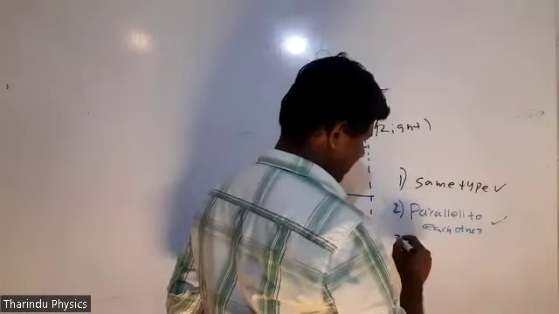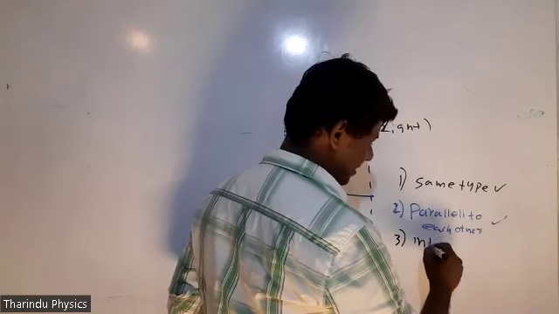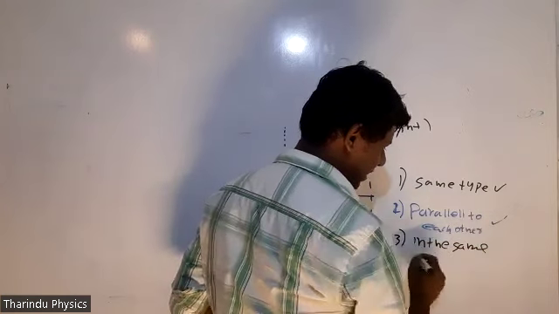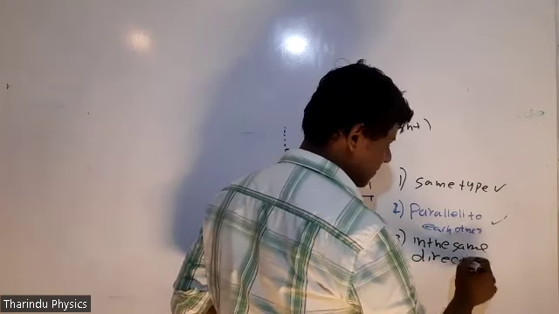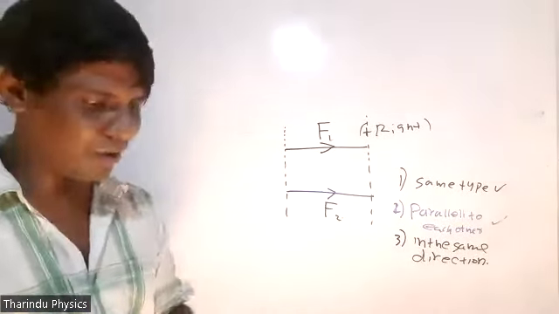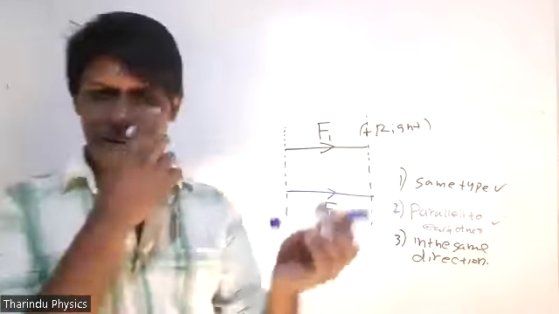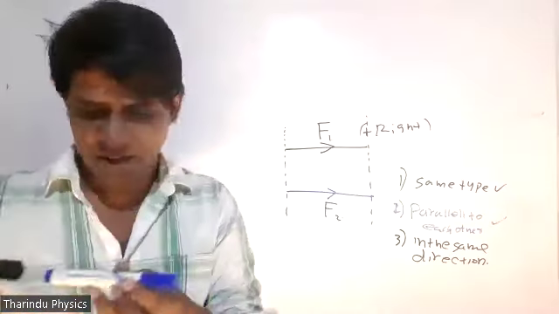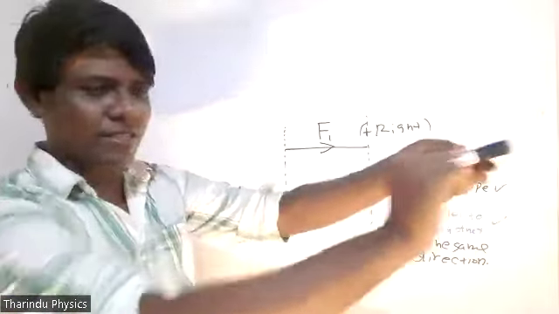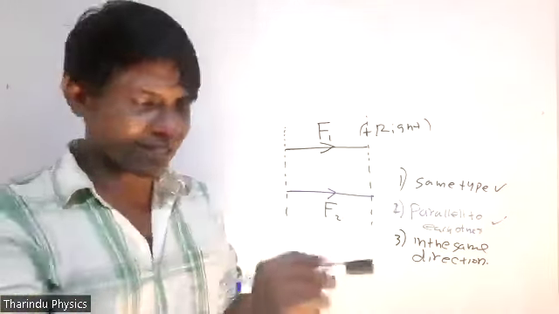Number 3 is the same direction. Why? You might say parallel means same direction. No. If you are going on a highway or any road, all the vehicles traveling in your direction are parallel and in the same direction.